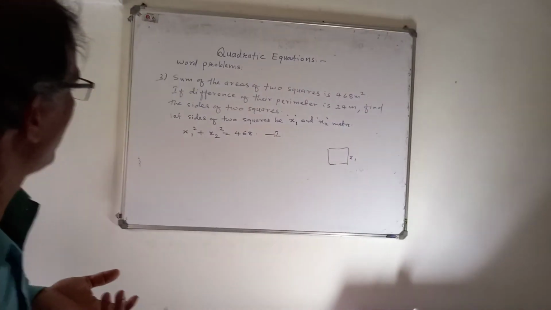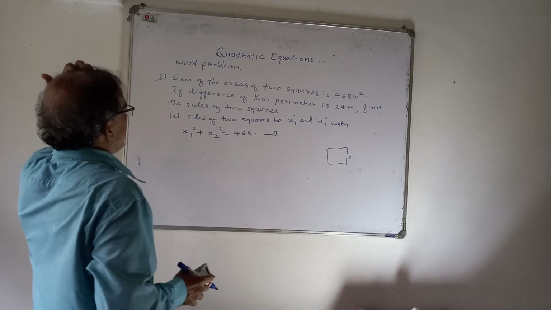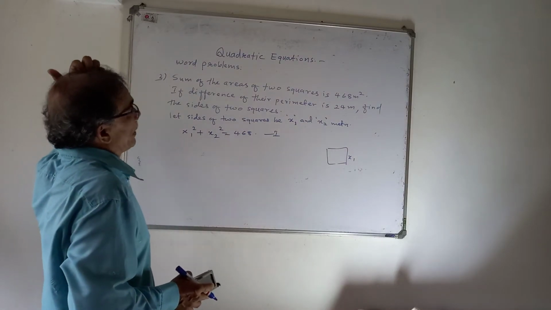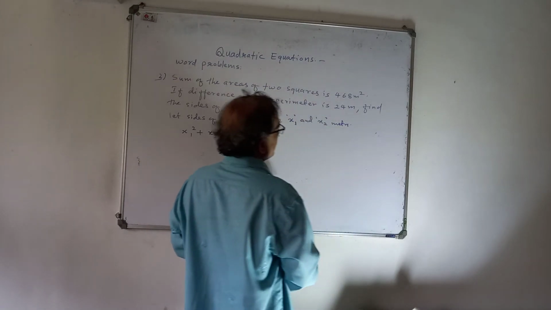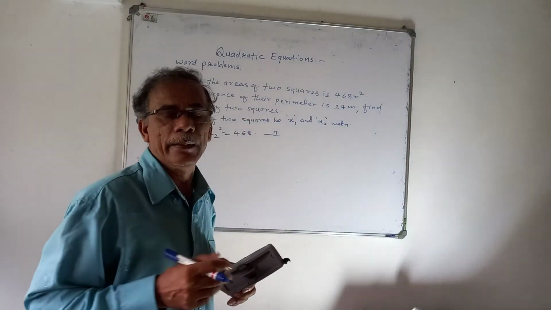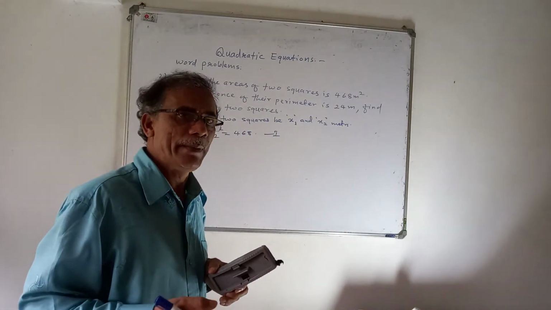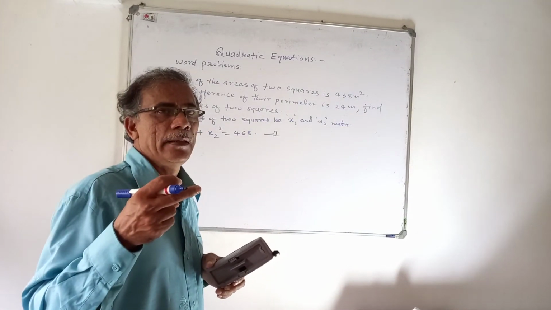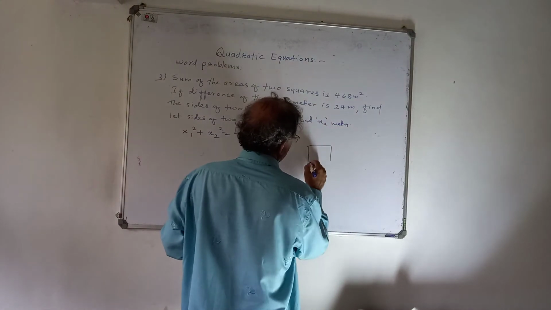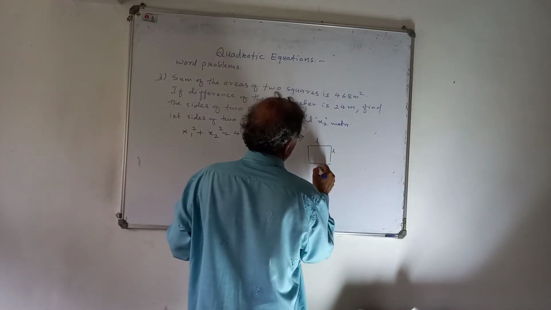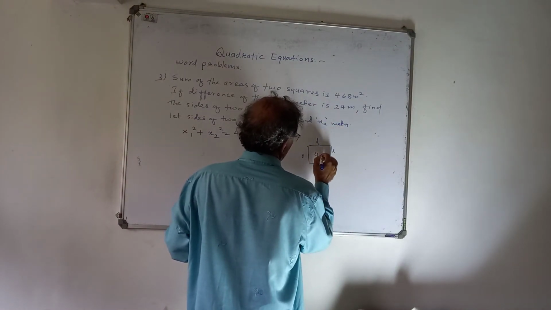Now in second statement, what he says, the difference of their perimeter. So difference of perimeter, what is the formula for perimeter of the square? What is perimeter? Sum of the length of all sides, and square means 4 equal sides, isn't it? So if this is L, perimeter is 4L.